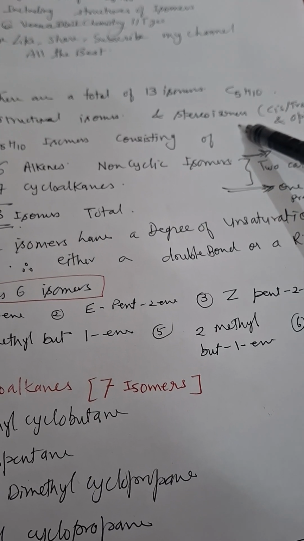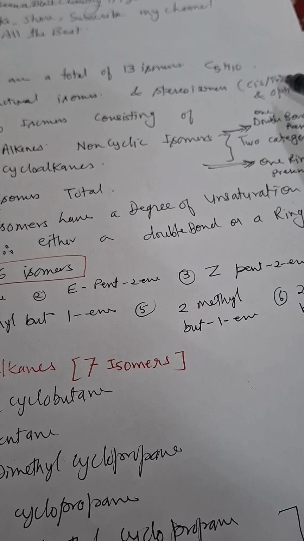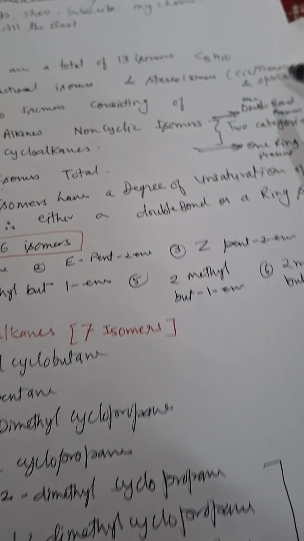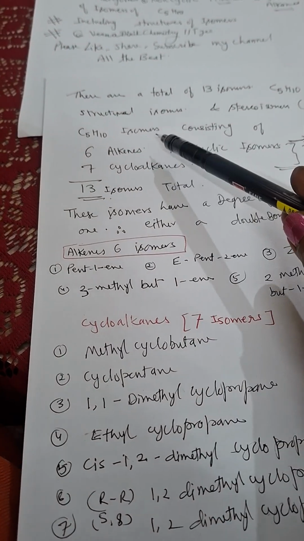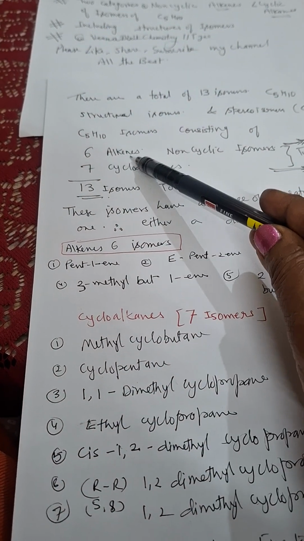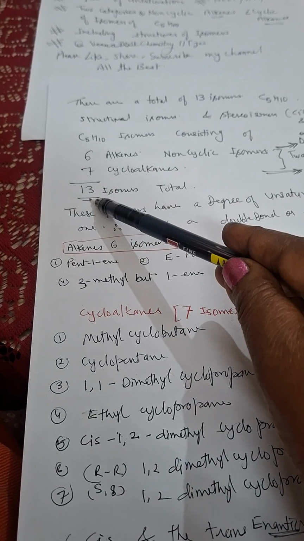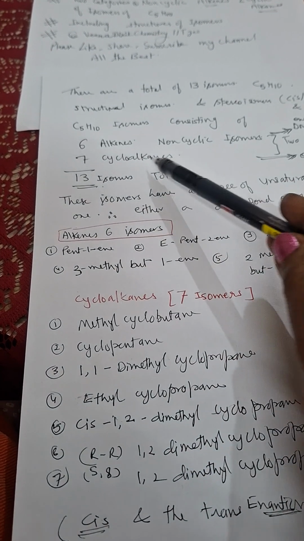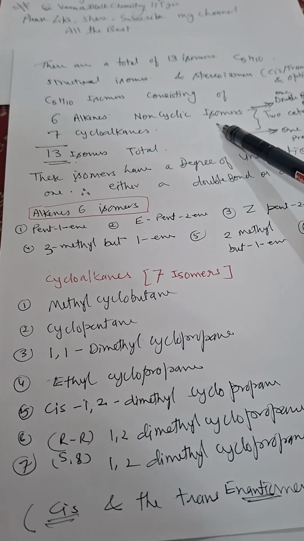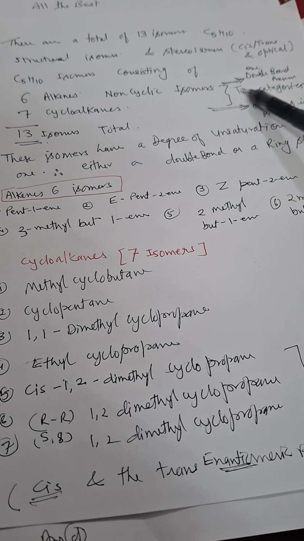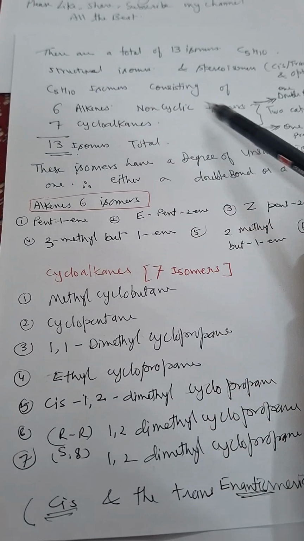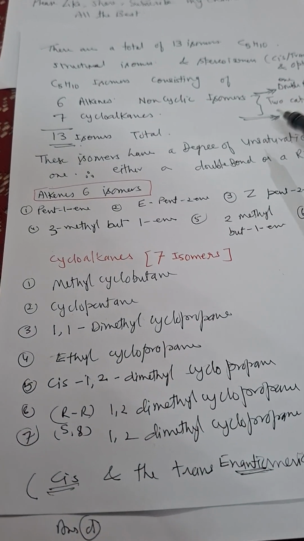Stereoisomers contain cis and trans isomers, that is geometrical isomers, as well as optical isomers. So C5H10 isomers consist of 6 alkenes and 7 cycloalkanes, total 13 isomers. In alkenes one double bond will be present, and in cycloalkanes there is one ring. What does it mean?